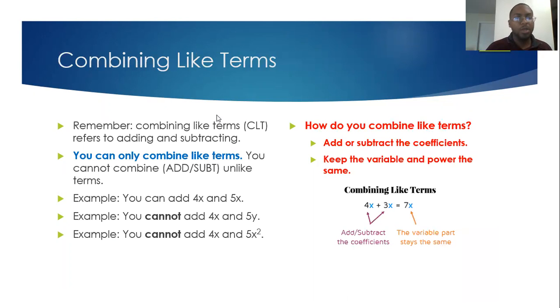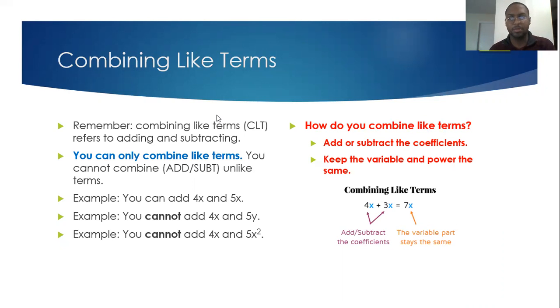When you combine like terms, you basically add and subtract the numbers out in front, the coefficients. The variable and the power stay the same. So 4x plus 3x gives us 7x, not 7x squared, 7x.